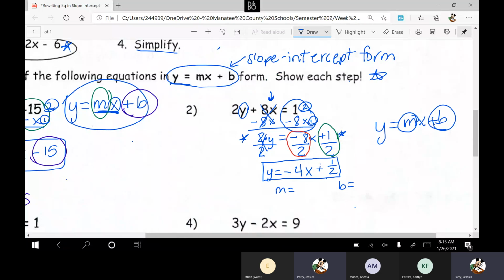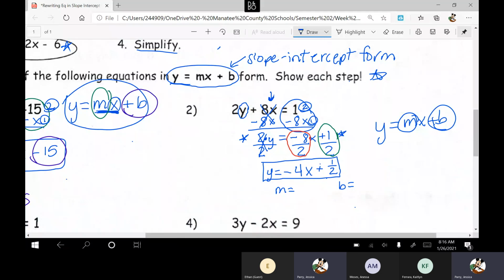Go ahead and write in the chat, or you can turn your microphone on to answer me. What's in the same spot as m? That's the number in front of x.